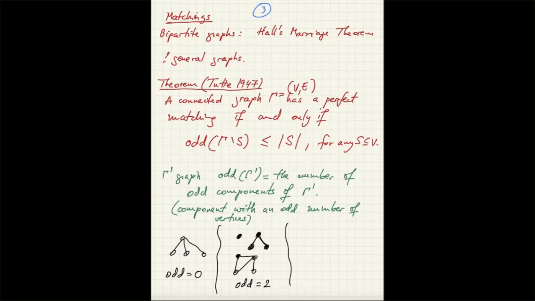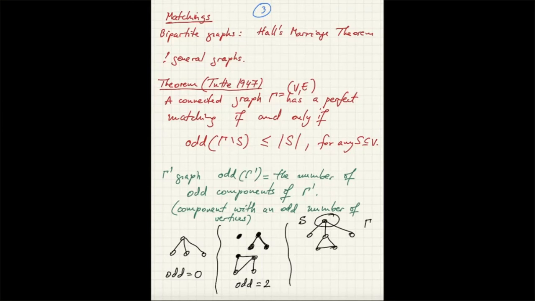Now, another situation that may happen is the following. Let's say we have a graph like this. So let's say this is our graph gamma, and S is the vertex here on the top.